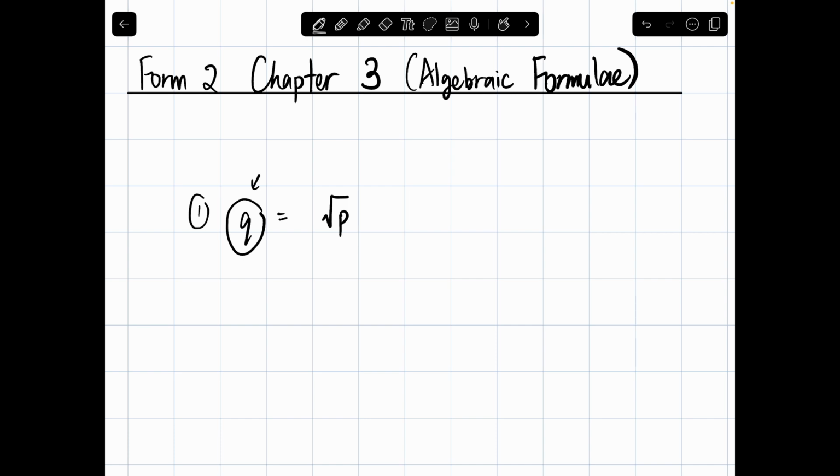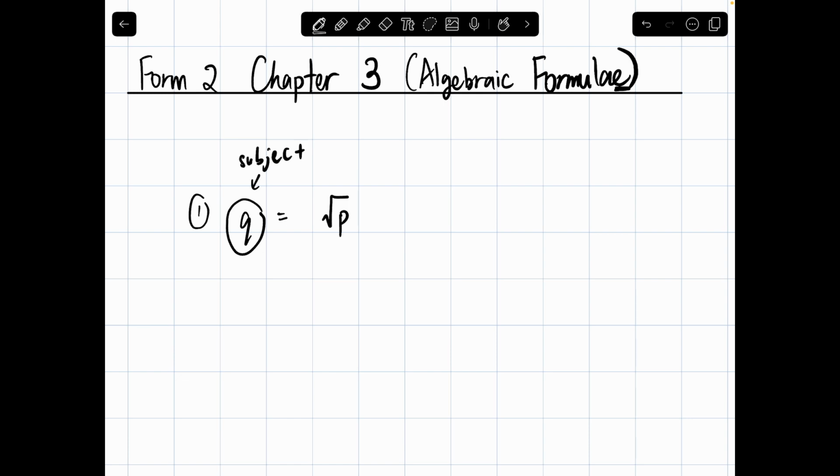For those who are wondering, the E in formulae just refers to formula being plural. When it is left without any operators, any squares, it's just left alone, we would call this the subject.